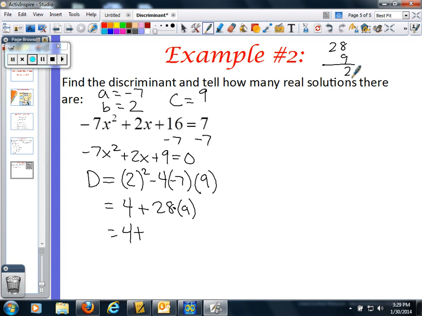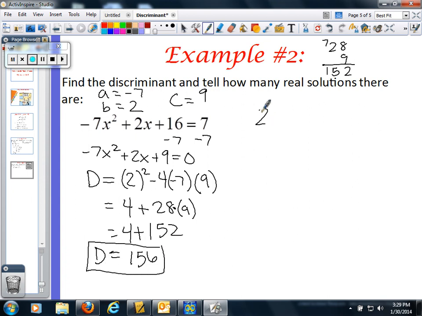This is going to be 72, 18, and 7. It's going to be 15. This is going to be 152, which gives you D equals 156. D is positive, therefore you will have two real solutions.